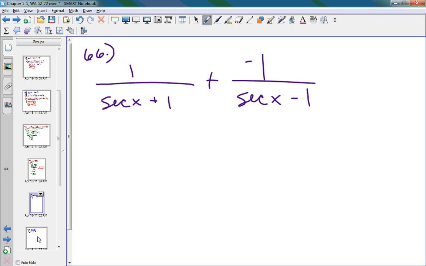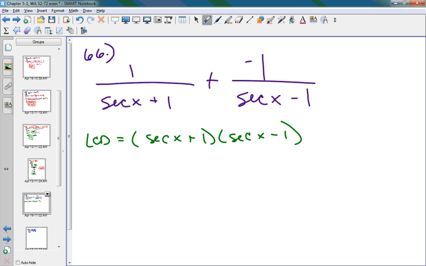Okay, so 66. I need to get a common denominator there, so what do I do? Multiply them by each other. It's going to be secant of x plus 1 times secant of x minus 1. Don't get ahead of yourself yet.